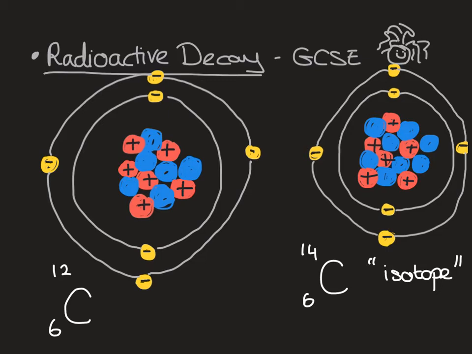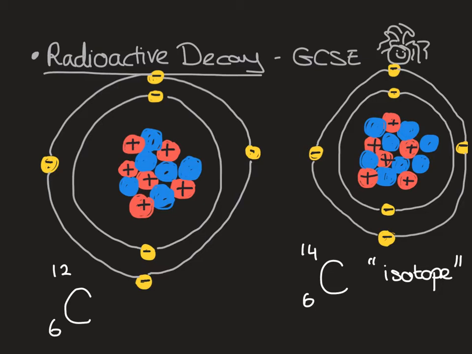But if we count up how many neutrons and protons we've got in the nucleus, you can see on this one here, we've actually got 8 neutrons plus the 6 protons, which means we've got a mass number of 14. So this is carbon 14 with 6 protons, and this is an isotope of carbon because it's got a different number of neutrons in its nucleus.